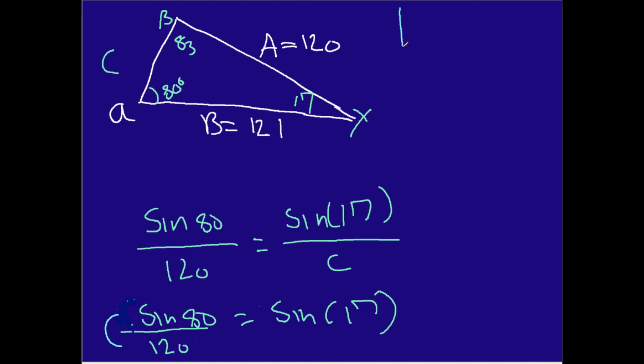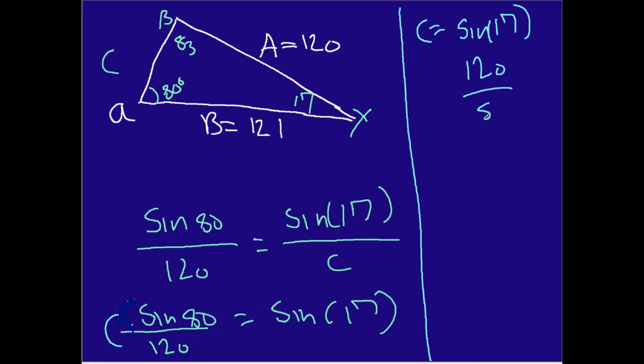So just to draw a line here so things look nice and clear, we're going to have C essentially equals sine of 17 multiplied by, and I know I'm running out of space, so please be patient, 120 over sine of 80. That's what we get.